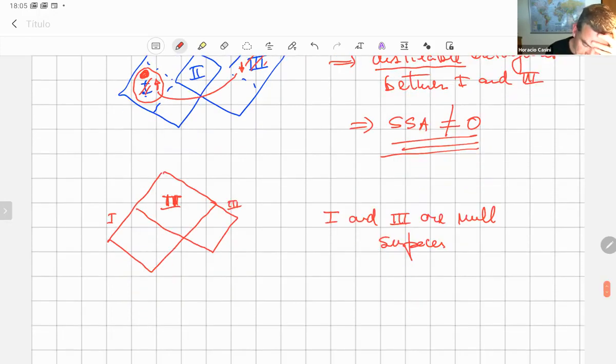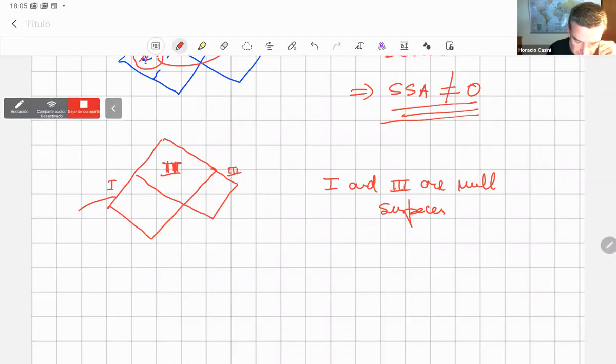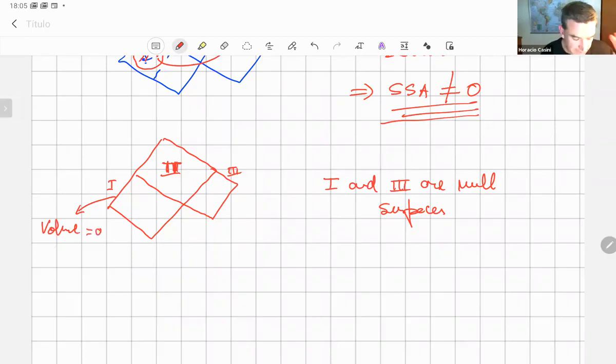In this case, the Real-Slider theorem does not work because we don't have volume. They don't have space-time volume. And then the arguments about analyticity cannot be used. In general, however, this will not give you strong relativity equal to 0.